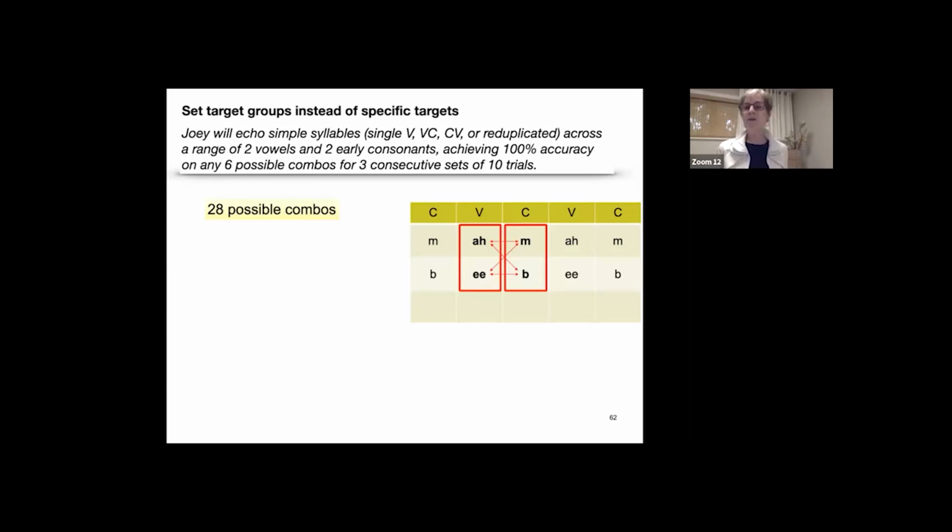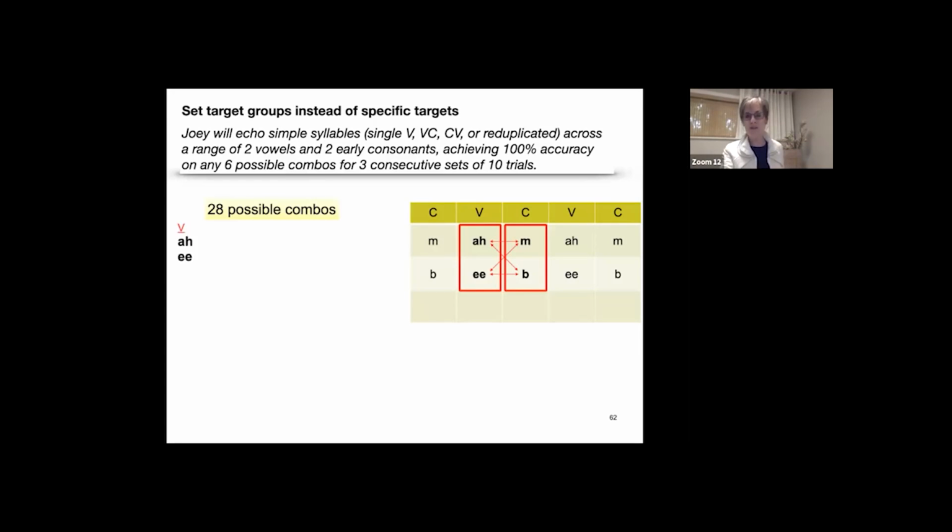You can see that I've embedded the vowel within two consonants so that I can look for words like mom or baby, which would be consonant, vowel, reduplicated. But just with this simple grid, we have 28 possible combinations.